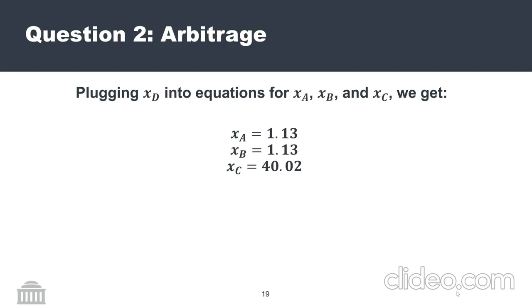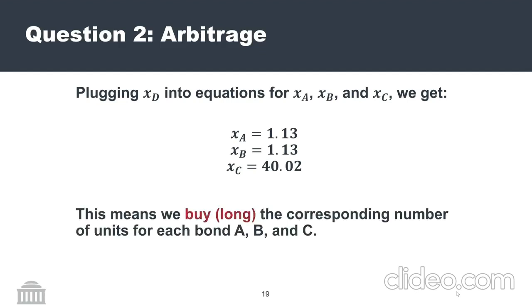XA and XB equal 1.13, which means that we are buying 1.13 units of bond A and 1.13 units of bond B, and we are buying 40.02 units of bond C. So we're taking long positions in these bonds. Now, this is our arbitrage strategy: we are selling 38.85 units of bond D, and we're buying the corresponding units of bonds A, B, and C.